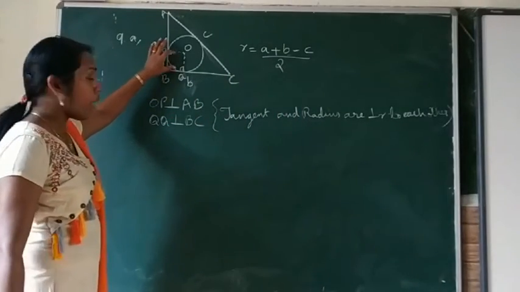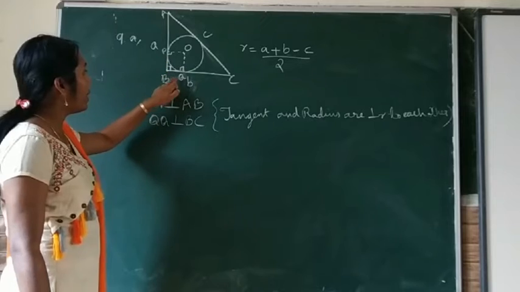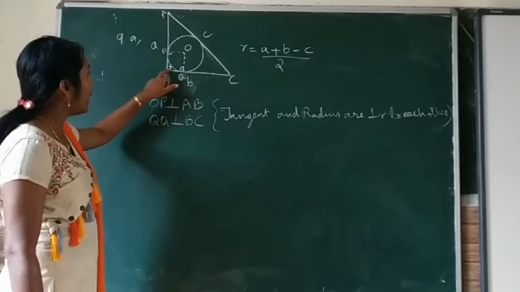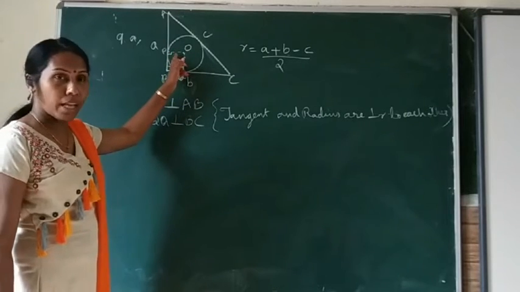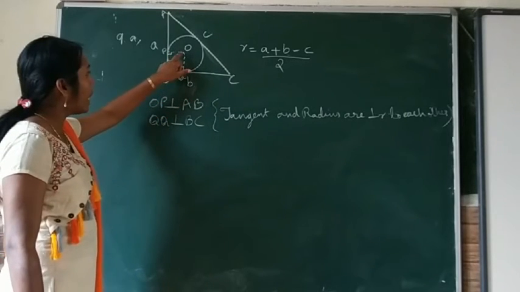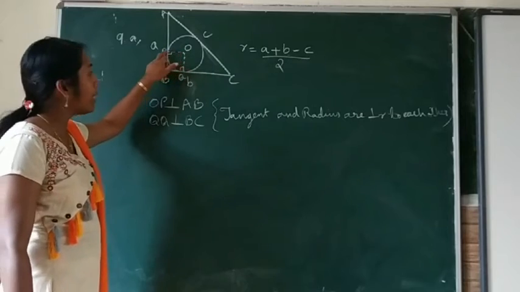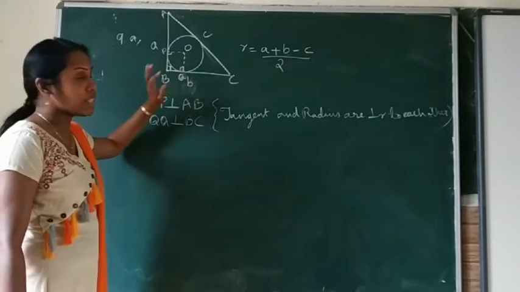Now in this quadrilateral OPBQ, we have got 3 angles of 90 degrees. That means the fourth angle must be 90 degrees. And also the adjacent sides are equal. We know that OP is equal to OQ, they are the radii of the circle.